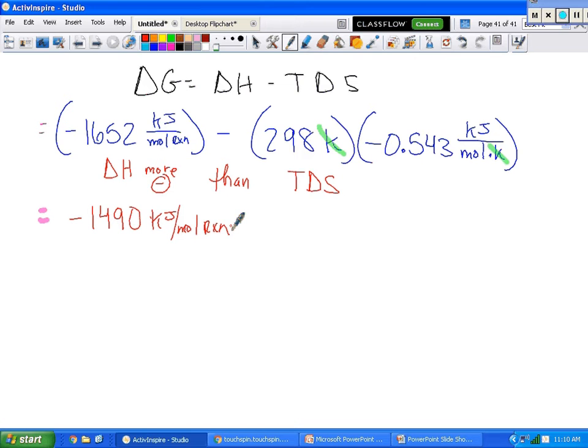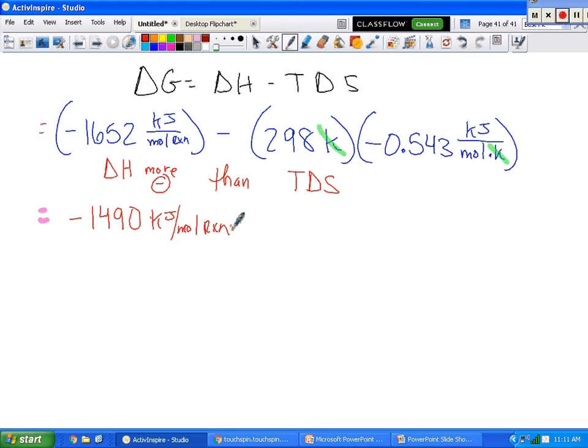Yes. You have to convert one to the other. Doesn't matter which one you go to. I wrote it down wrong. It was 543. That was my mistake. All right. Now, is this reaction thermodynamically favorable or not? Yes, it is thermodynamically favorable.